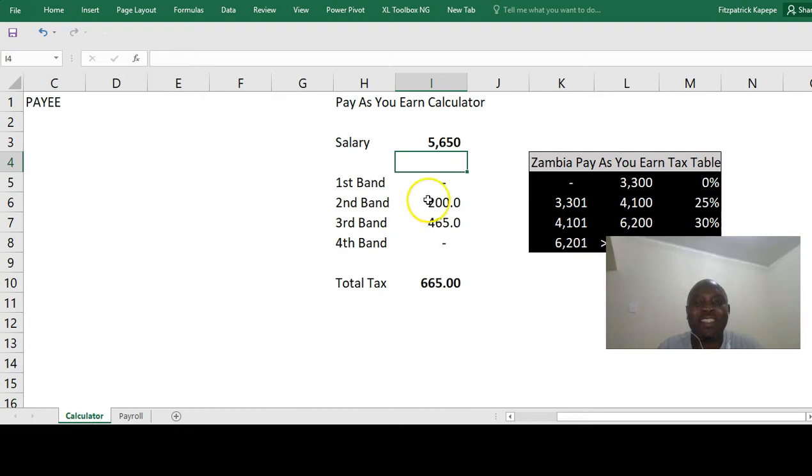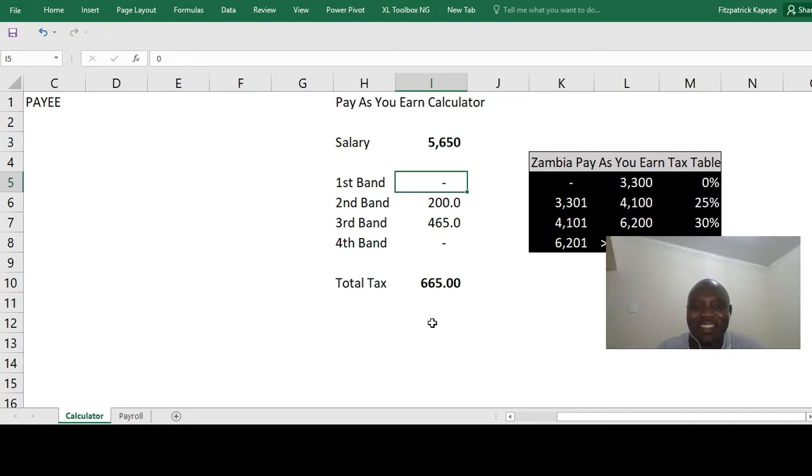First, we have this pay-as-you-earn calculator, which we looked at. If you didn't have the opportunity to view the video, please just search on my YouTube account. You will be able to find it there.